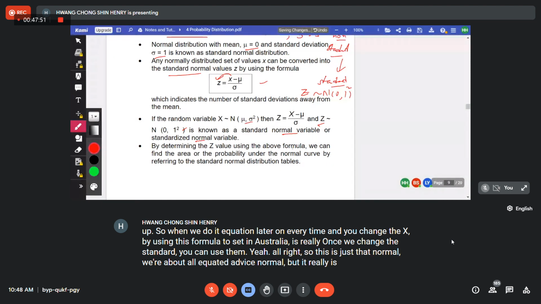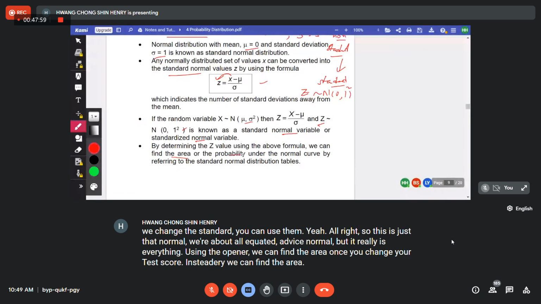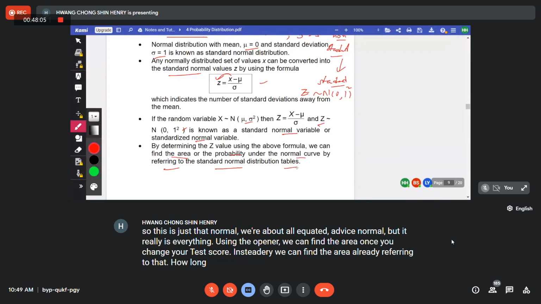By determining the Z value using the above formula, we can find the area. Once you change your Z-score to standard, we can find the area, the probability, under the normal curve by referring to the normal tables. So you must change to standard first, then you can use the table.